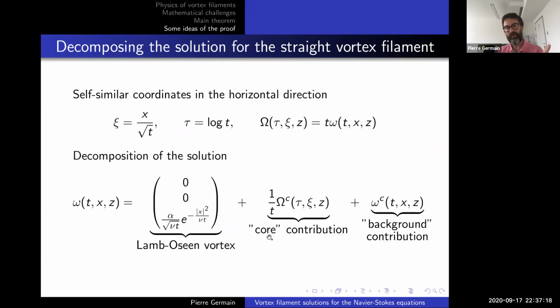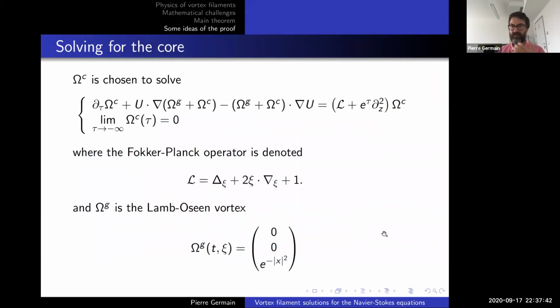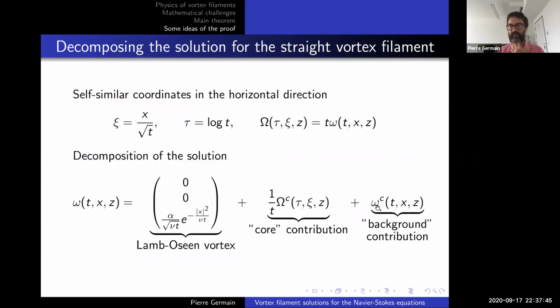One is a core contribution, which is living on the same scale as the Lamb-Oseen vortex, and which is, for this reason, best expressed in self-similar coordinates, tau and xi. So that's what's happening very close to the filament. And then there is a background contribution, which is what happens away from the filament, and there is no need for a self-similar rescaling there.